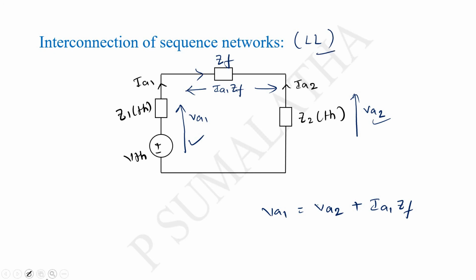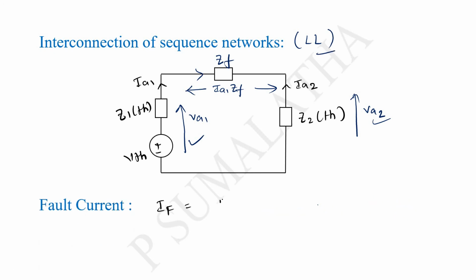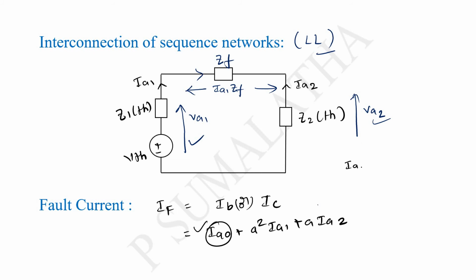Now what is the fault current? We know the fault current is equal to IB or IC. Any current we can consider. So what is the value of IB current? IB is equal to Ia0 plus A square into Ia1 plus A into Ia2. We know that Ia0 is equal to 0 for the line-to-line fault, and we know one more relation, the current Ia2 is equal to minus Ia1.